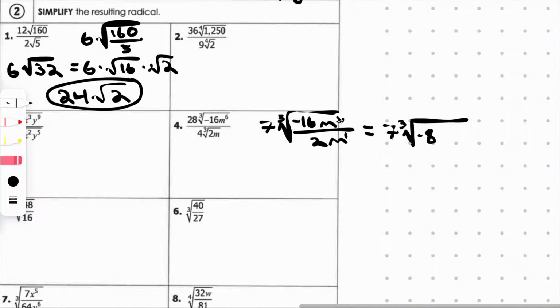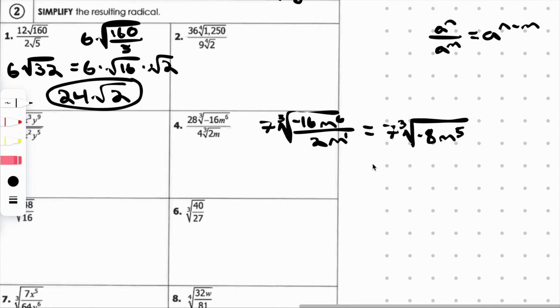If we have a to the n over a to the m, that's going to be the same thing as a to the n minus m power, right? We're just going to subtract the exponents. So in this case, we do 6 minus 1, and that'd give us 5. So we have m to the 5th.